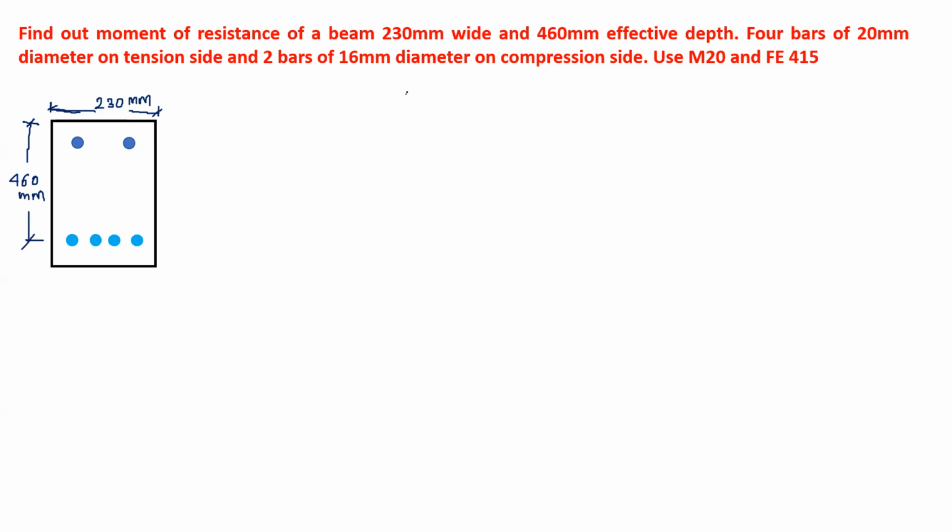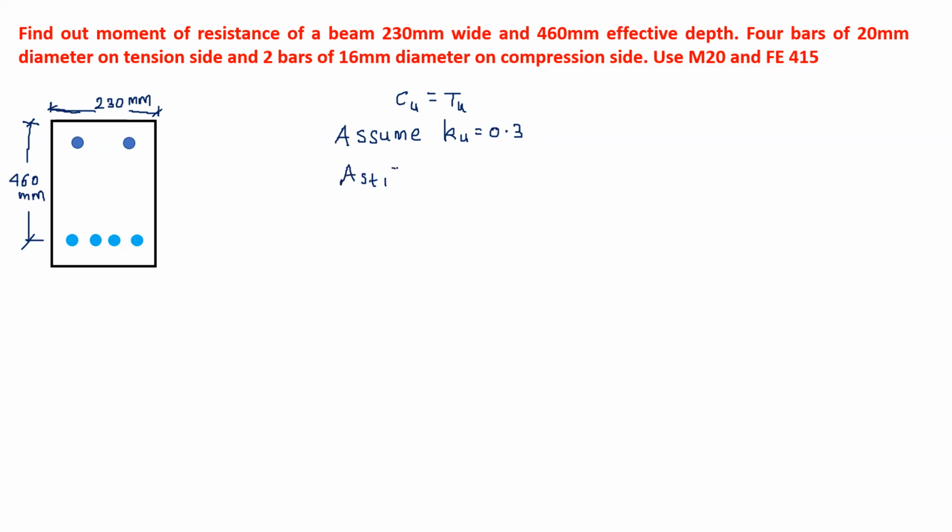Now we have Cu equal to Tu. We have to use the same. Now we have to assume the value of Ku as 0.3. Then we have to find Ast1.